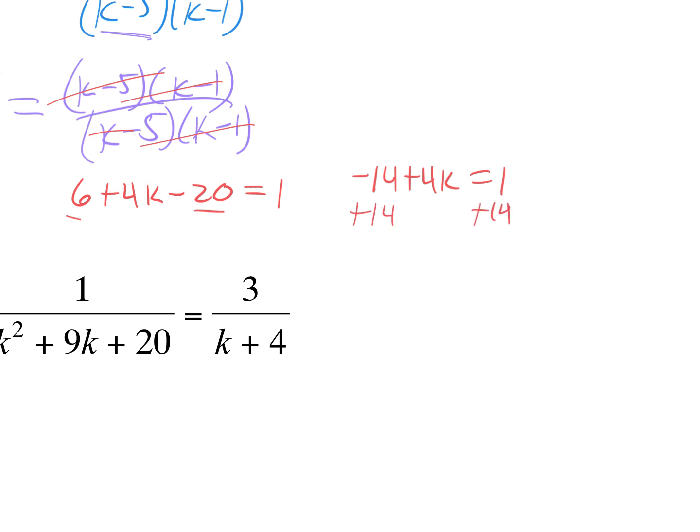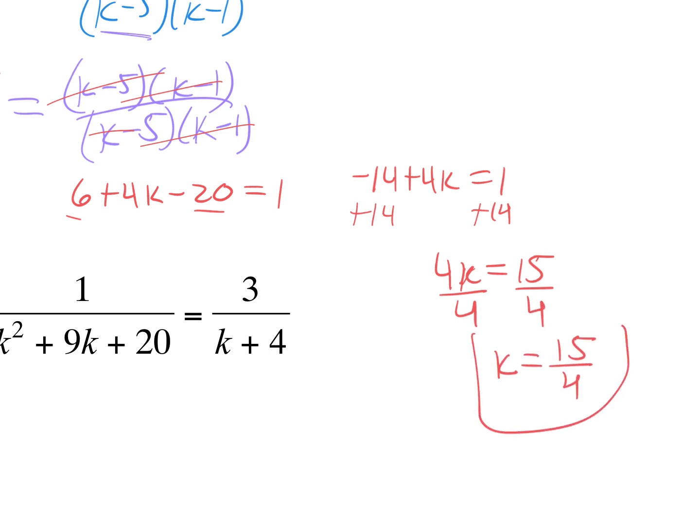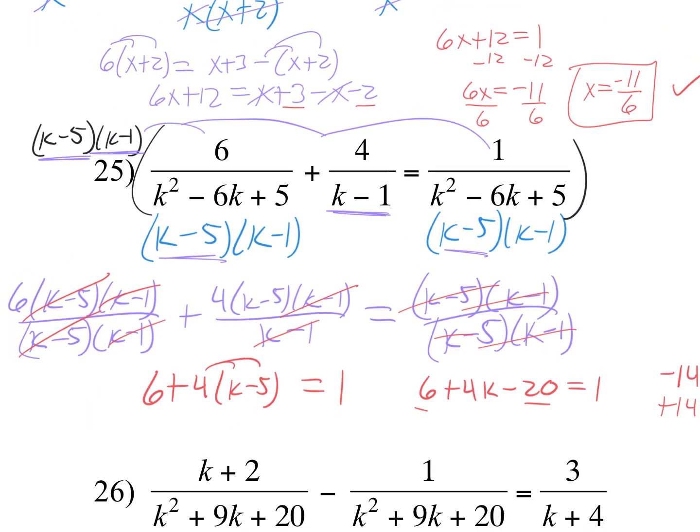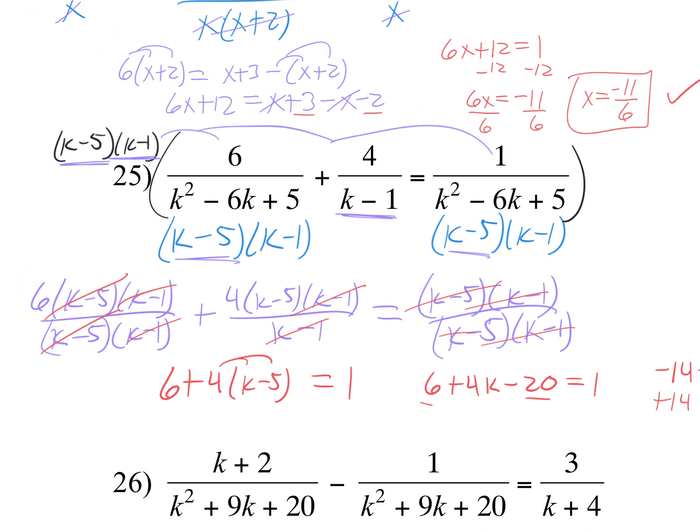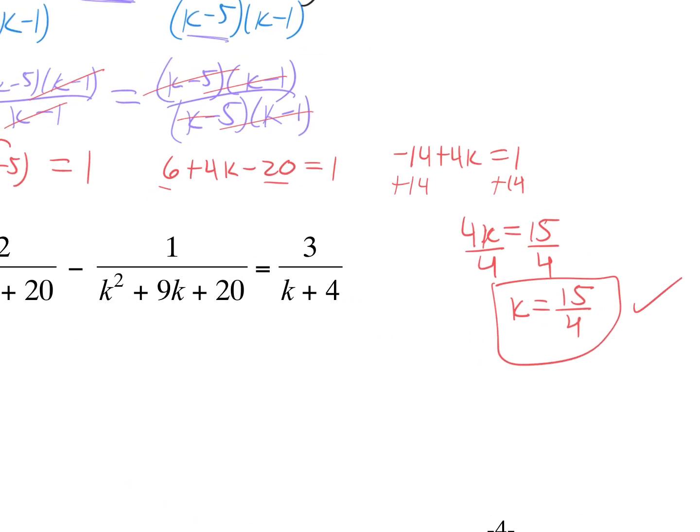Then we get 4k equals 15. And then divide both sides by 4, we get k equals 15 over 4. When we plug it into the denominator, we're not going to see a 0 anywhere, so this is a good solution.